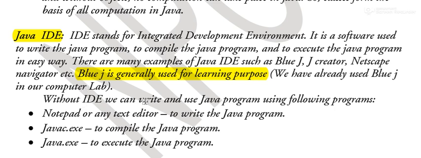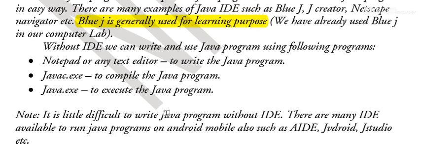Without an IDE, we can write and run a Java program using the following: Notepad to write the program, the javac command to compile the program, and the java command to execute the program. But it is a little difficult to write a Java program without an IDE.